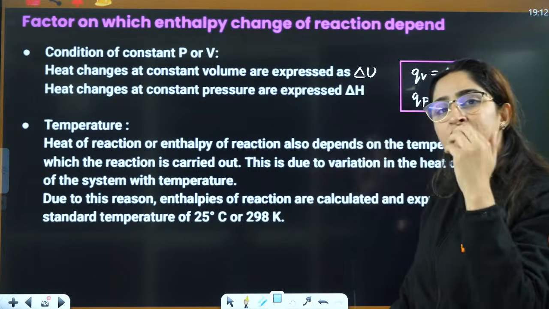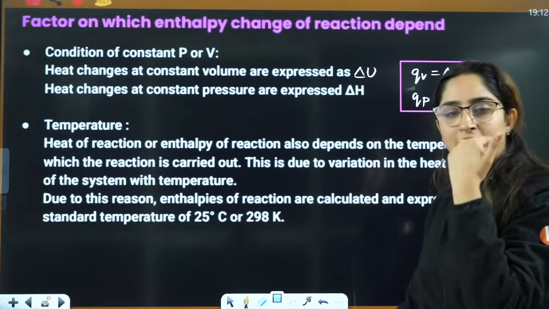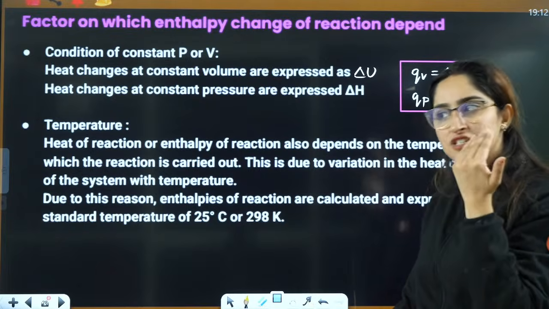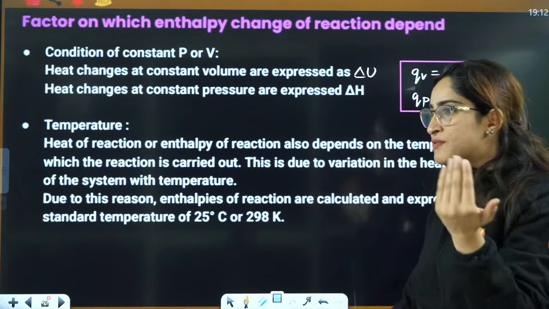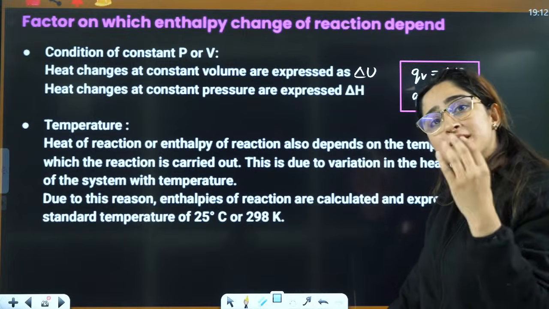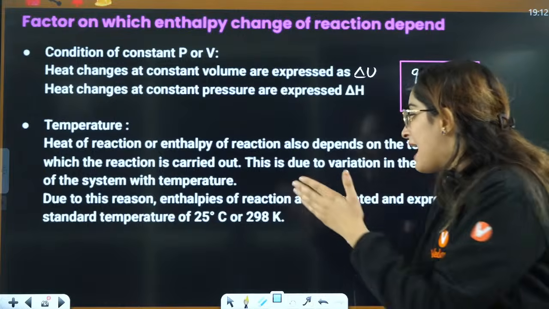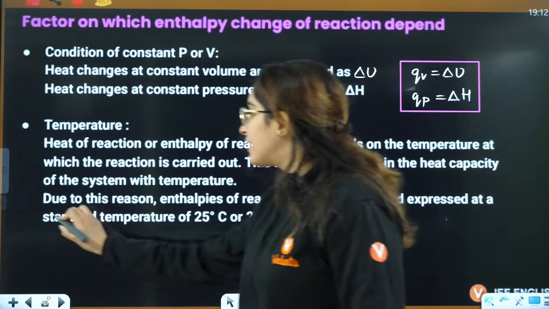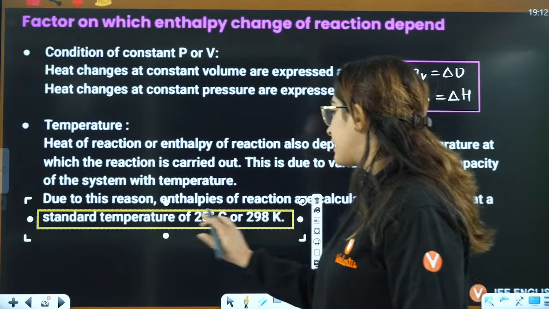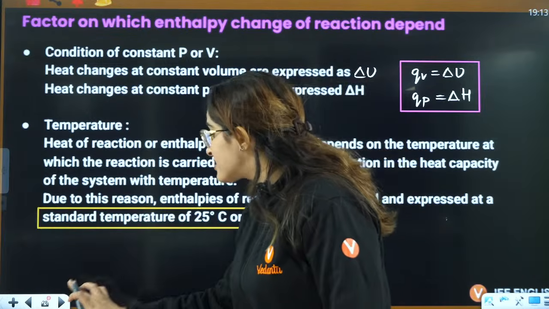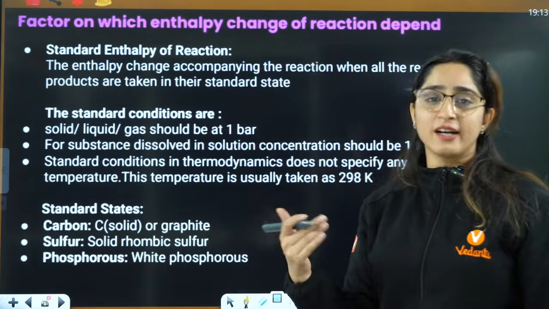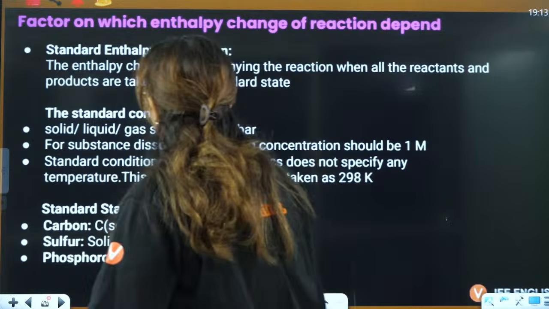If you vary the temperature, the enthalpy of that reaction is going to change. That's why some reactions are done at a specific temperature in specific environmental conditions, and that is the reason we take standard temperature here, that is 25 degrees, and you will not see temperature varied in these questions.